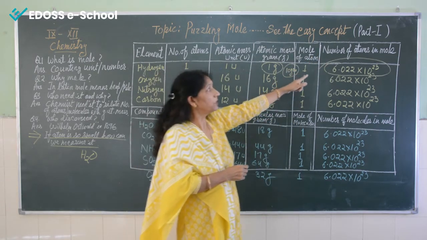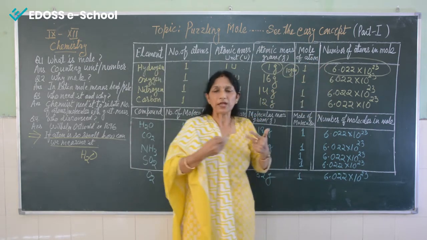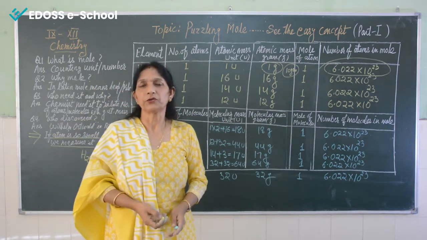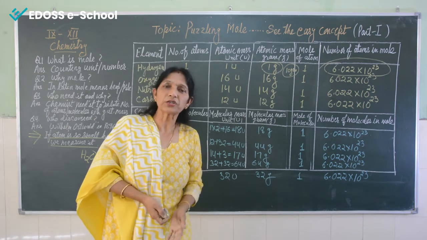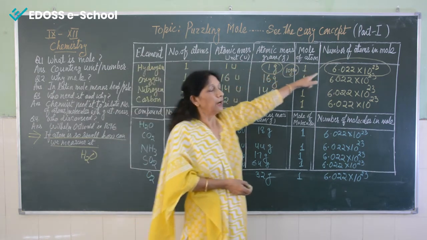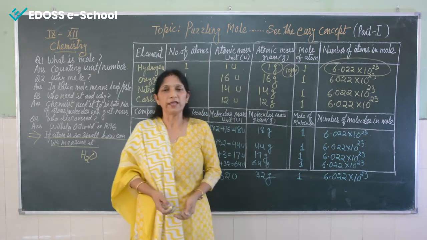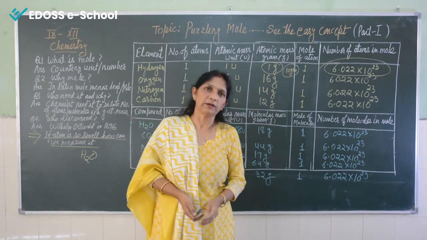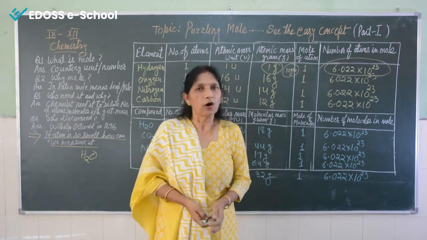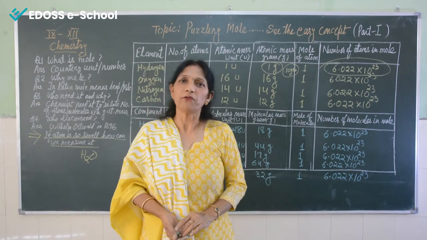So the measuring of atoms becomes easier for us. In this way, chemists can relate gram atomic mass with the number of atoms in a mole, and they can easily prepare substances. So this is our part 1. In part 2, I will explain how to solve the numericals of mole. Thank you.